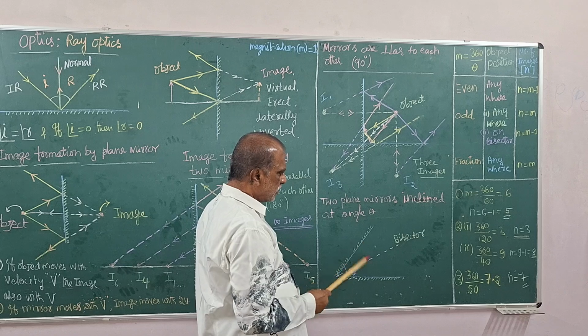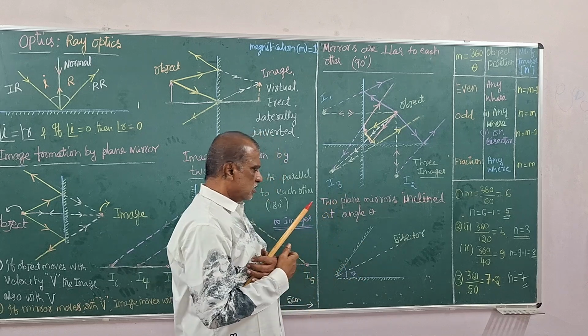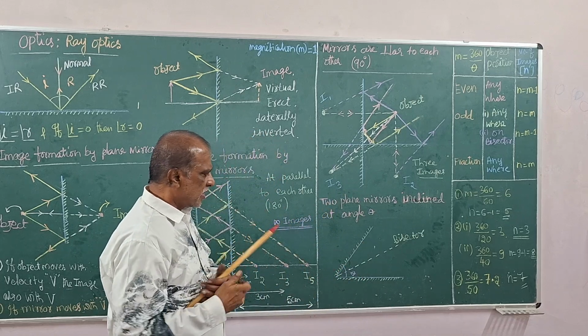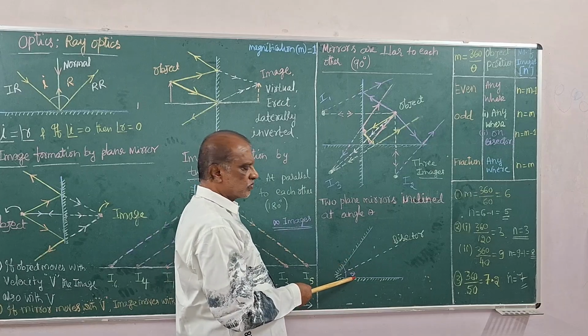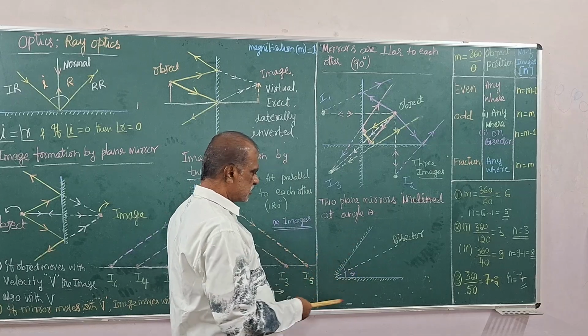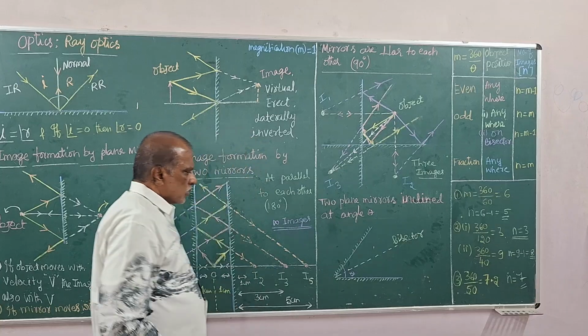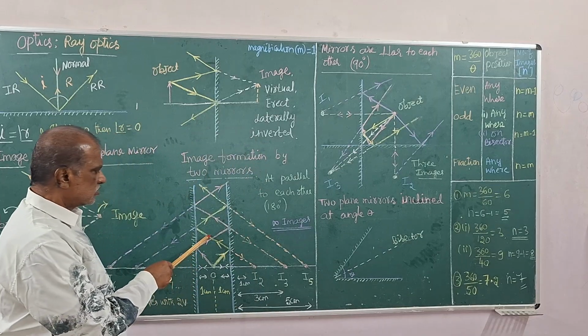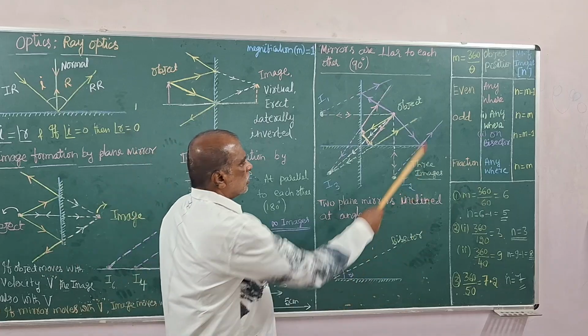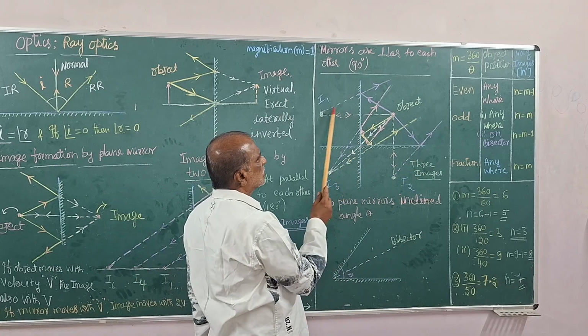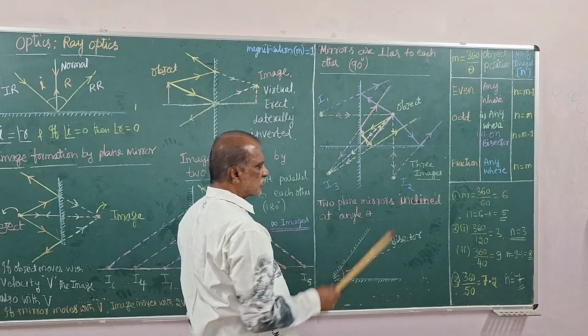In general, the angle is theta between them, any other angle, because one complete rotation is 360 degree. If it is 180 degree, this is the possibility. If this is 90 degree, this is the number of images.